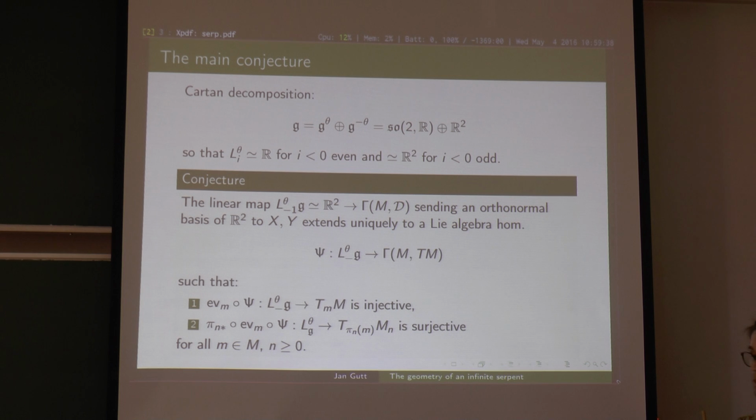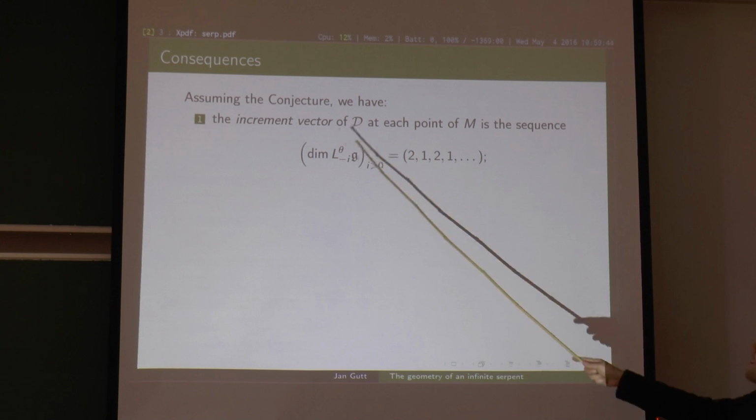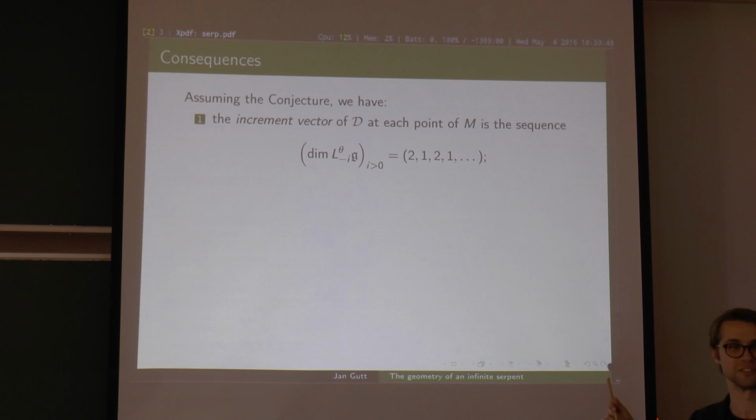Now, what are the consequences of it? First of all, it tells us exactly that the increment vector of our distribution is 2, 1, 2, 1, 2, 1. So that's the thing I wanted to answer. I gave an interpretation to this 2, 1, 2, 1, 2, 1, and so on. But that is now not really the most essential point. We've gone much further than that.